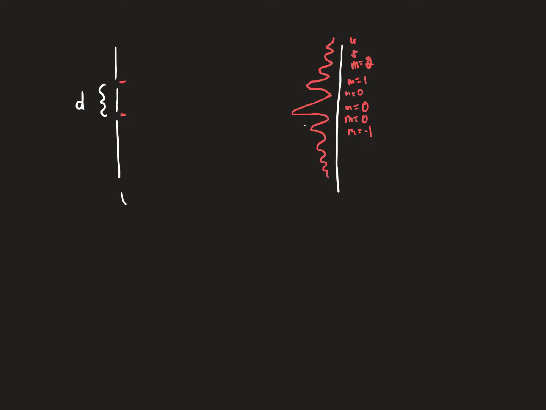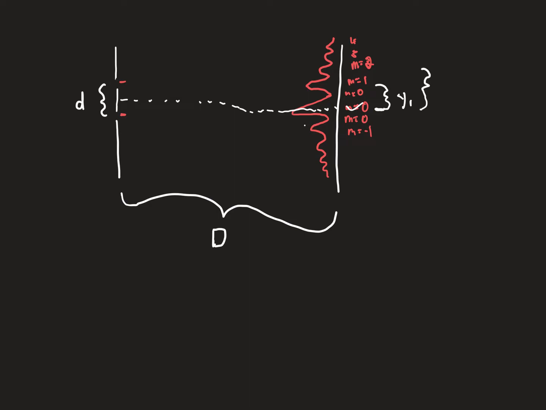We have the distance from the slits to the screen, labeled with the large capital letter D. And then we also have the distance from the central bright spot in the middle to where your next bright spot forms. We call that Y. So this would be Y sub 1 because it's the first order bright spot. We can go up to the second order bright spot. That would be Y sub 2 and so on and so forth.